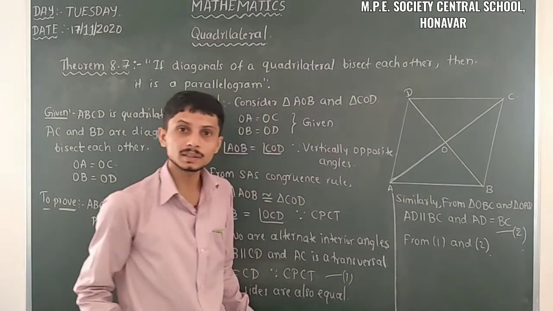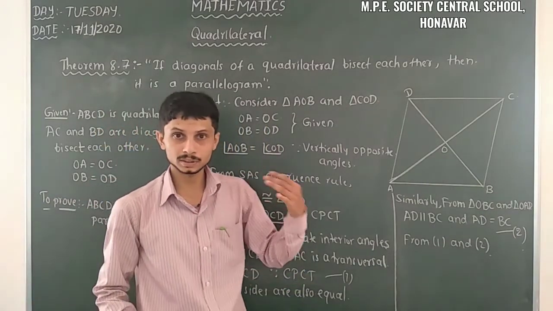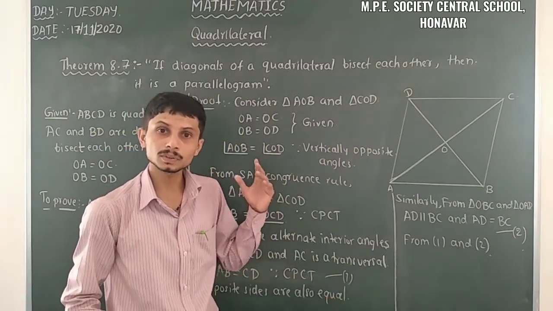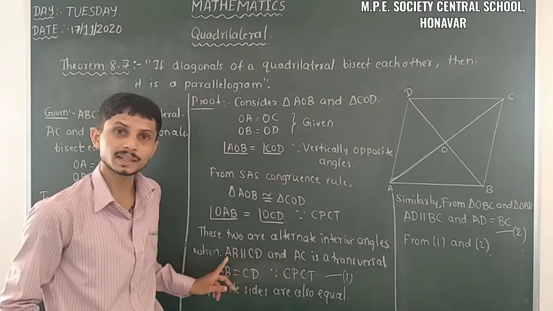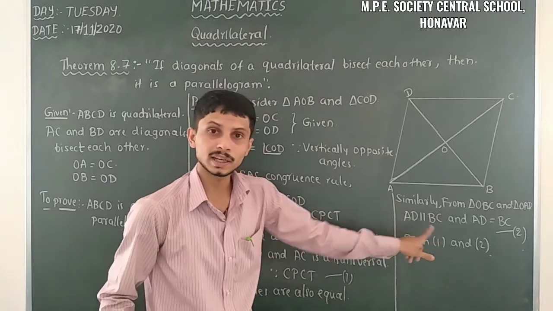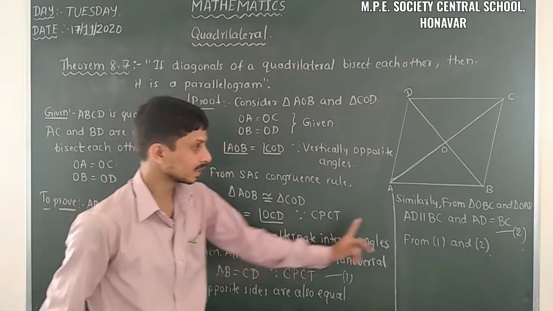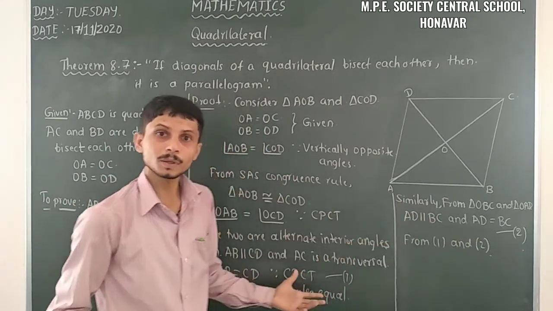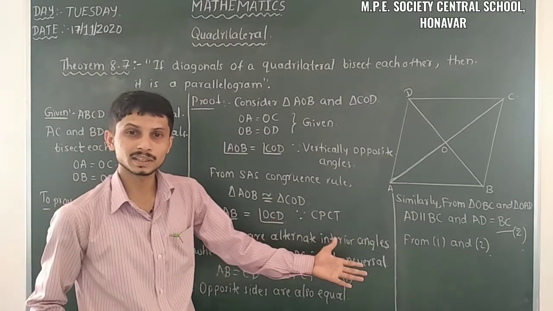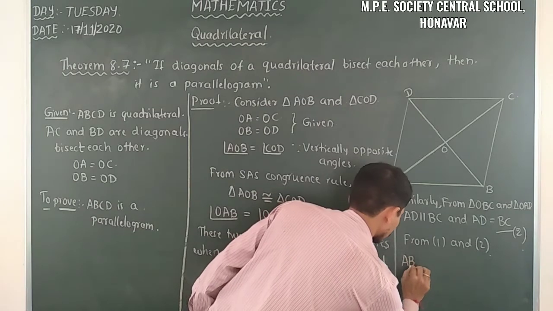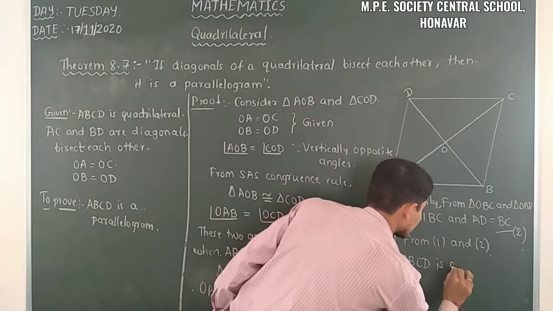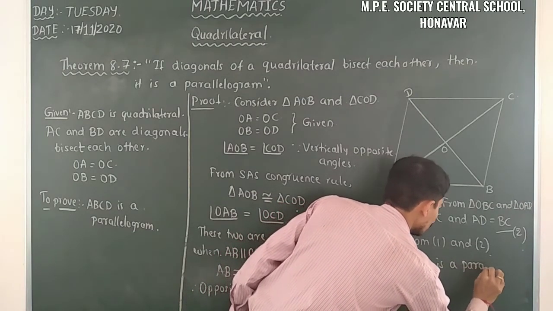We already know the property of a parallelogram, that the opposite sides are equal and the opposite sides are parallel. So here we have the same thing: opposite sides are parallel, and also opposite sides are equal. So from the property we come to the conclusion that ABCD is a parallelogram.